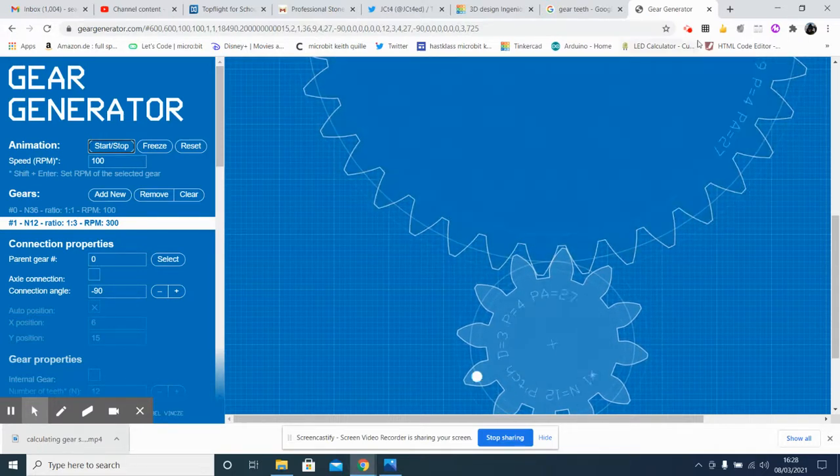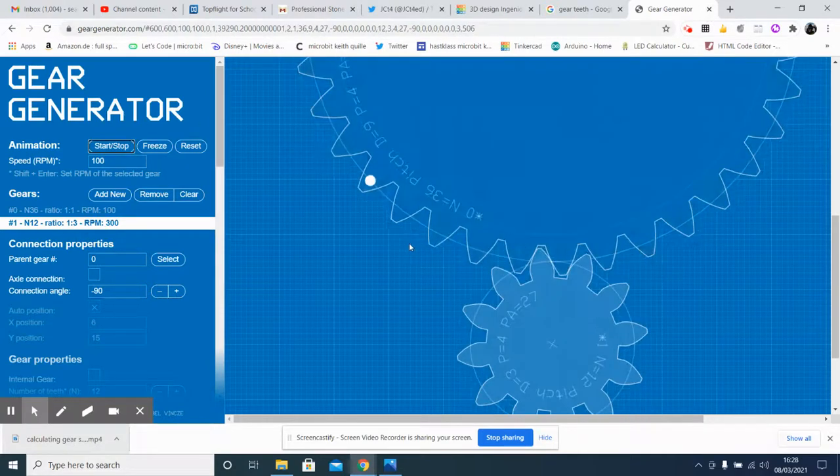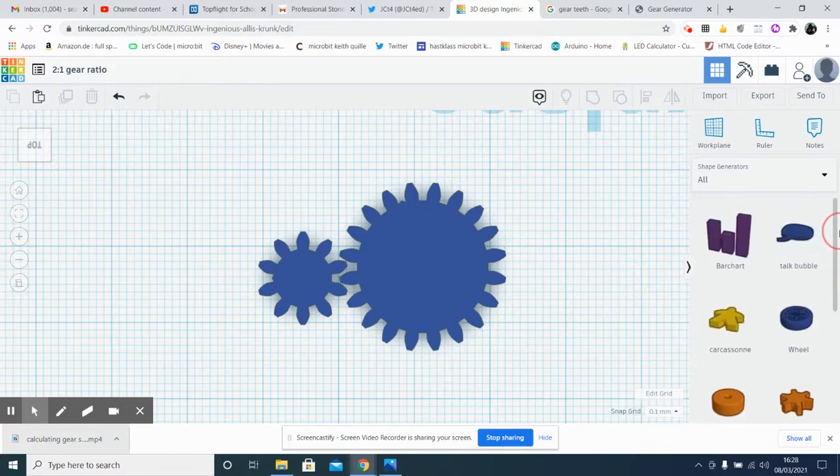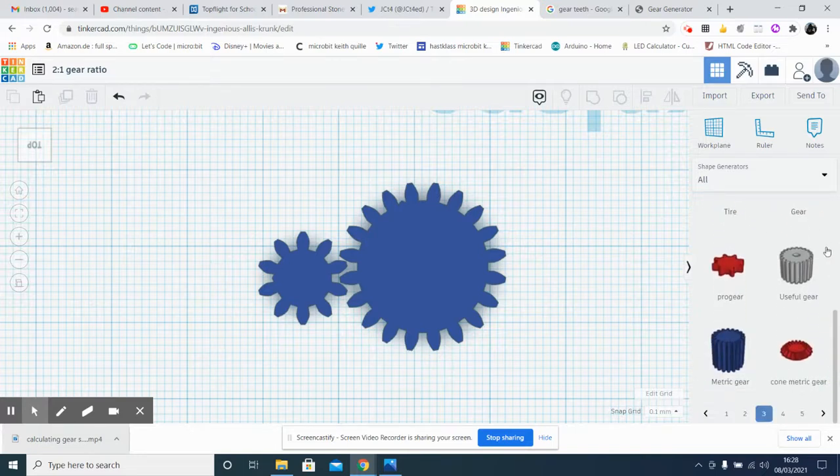Okay, so let's have a look at these in Tinkercad and try to apply what we've learned to Tinkercad now. First of all, we can bring in gears over here into Tinkercad. It's really easy.